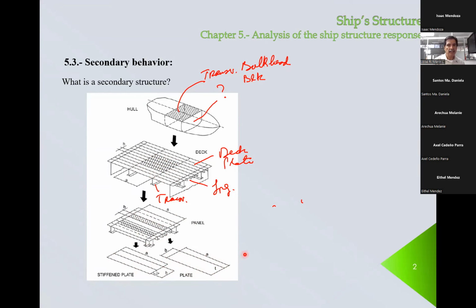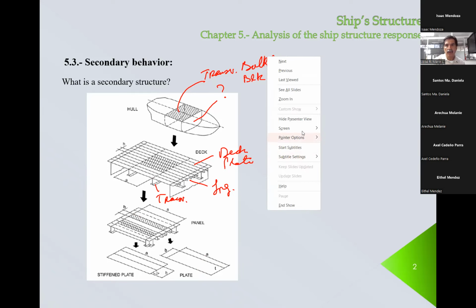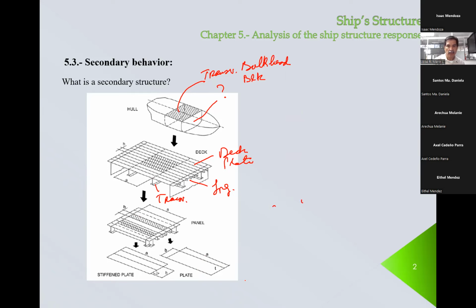Before we go on, in this case, okay, let's suppose that this is X direction and this is Y direction. In this plate, in what direction would be the largest normal stresses in the tertiary case, in the tertiary structure?